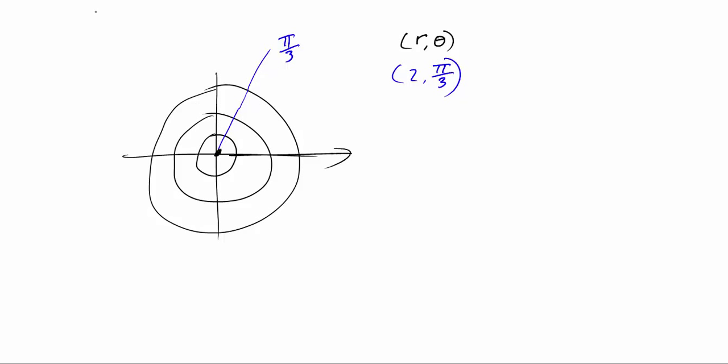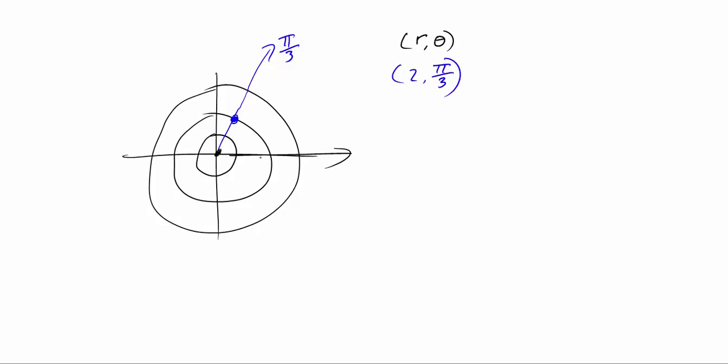Now you can imagine that you are facing in this direction here of pi over 3, and now you want to actually go out a distance of 2. So basically you want to take 2 steps in that direction. So you'd go out 1, 2, so each circle represents 1. So this point would go out 2 units to here. So that would be plotting the point 2 comma pi over 3.